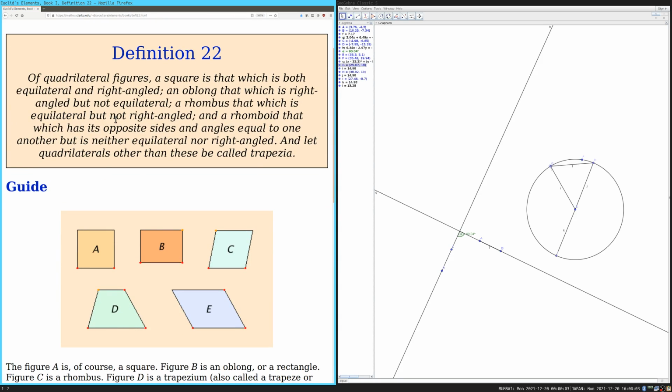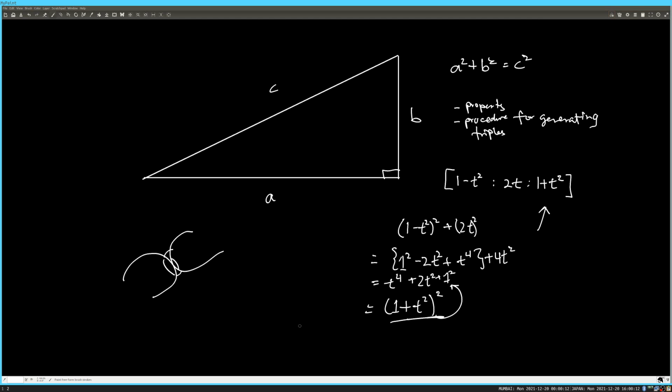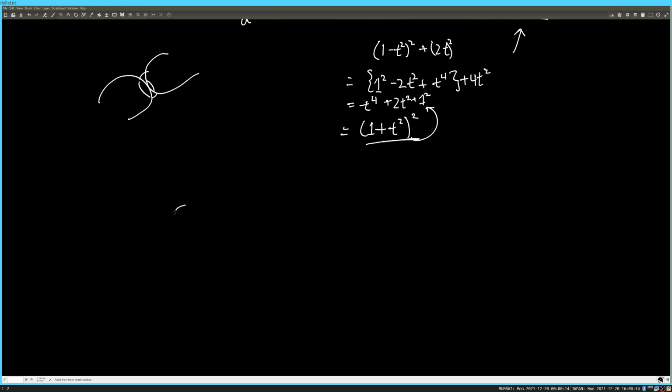I see. Right, so if we're making a tree, a square... Here, let's make a table. Equilateral, right-angled.